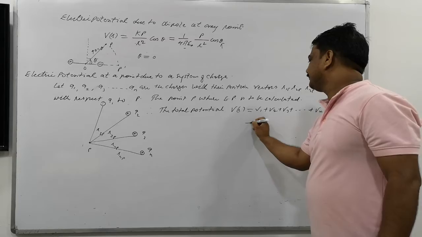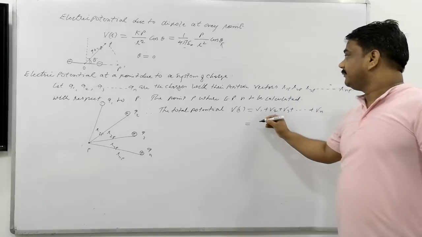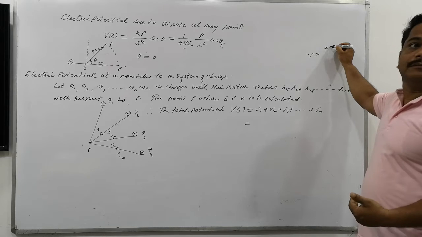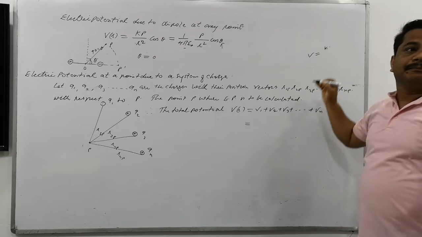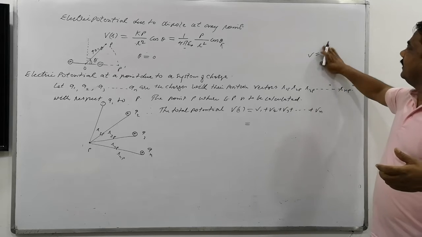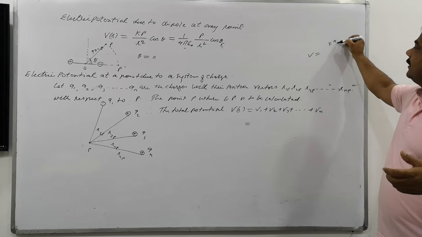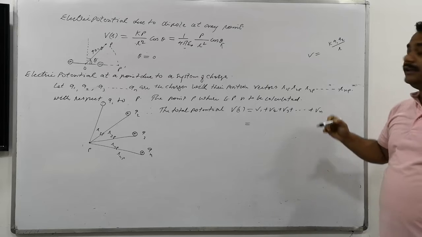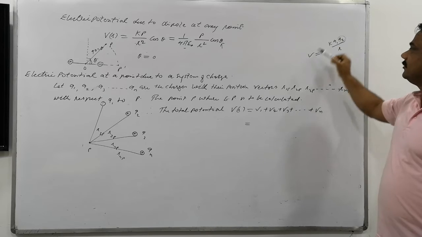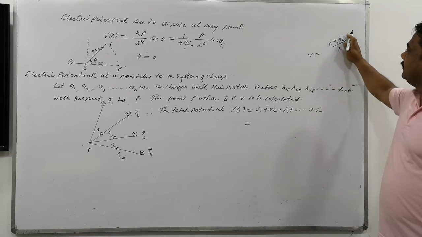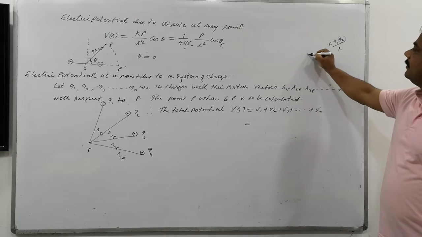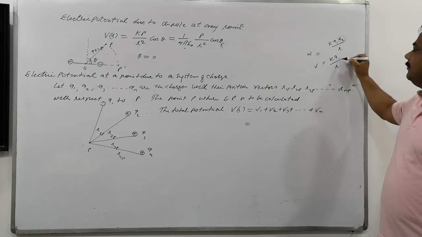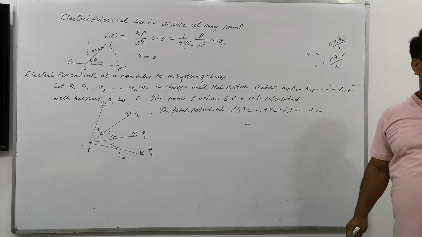What is V1? The formula of V is K Q1 divided by R. Just write K Q1 divided by R. This is the work done we found, and the test charge which is to be brought is not written here. For potential we write K Q1 by R, meaning the potential due to Q1 developing here.